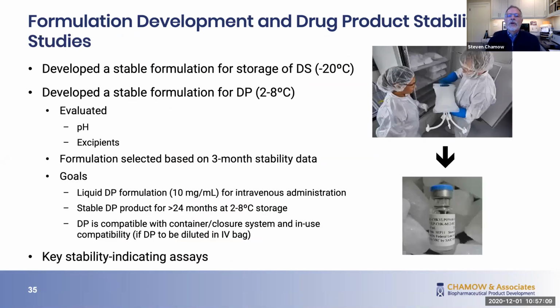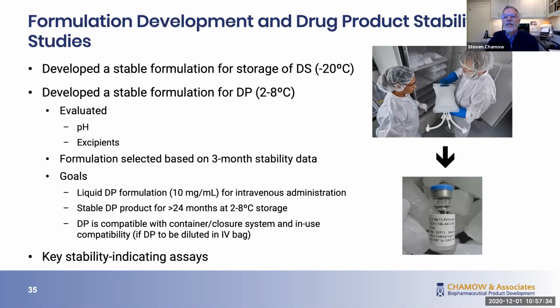Formulation development and drug product stability studies are outlined on this slide as they were performed. We developed a stable formulation for storage of the drug substance at -20 degrees C and a stable formulation for drug product for storage at 2 to 8. In order to do this, we evaluated pH and excipients, and then a formulation was selected based on 3-month stability data.